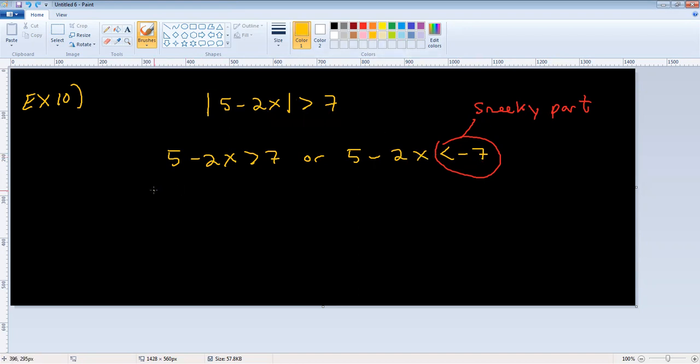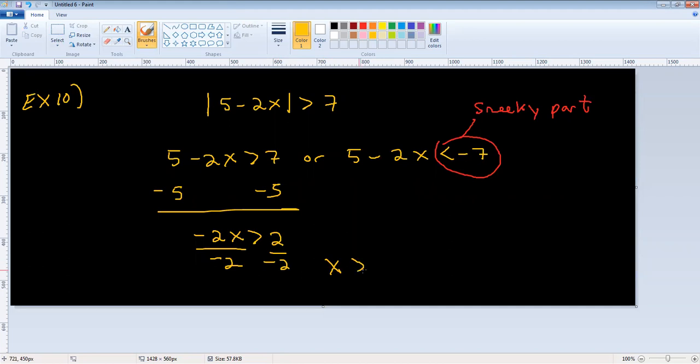Okay, so subtract 5 from both sides. We have negative 2x bigger than 2. We can divide by negative 2 over here. What are we going to get? x is bigger, but wait a minute, we flip. Okay, x is less than negative 1. And then over here, we have 5 minus 2x less than negative 7.